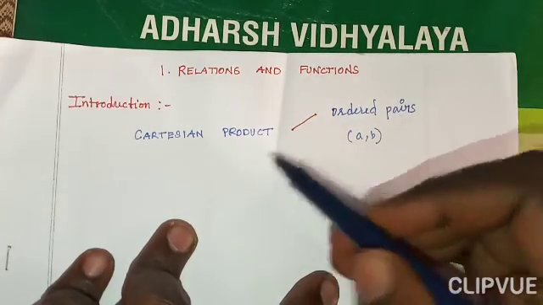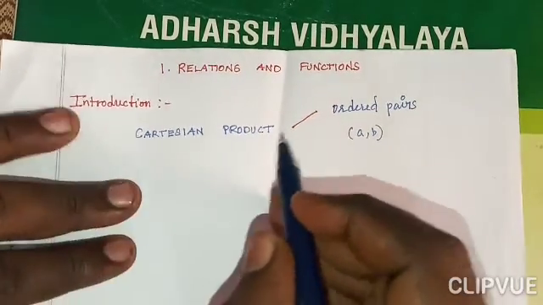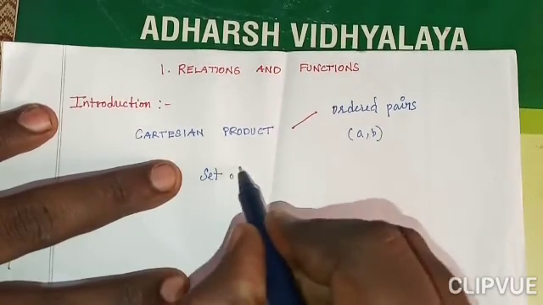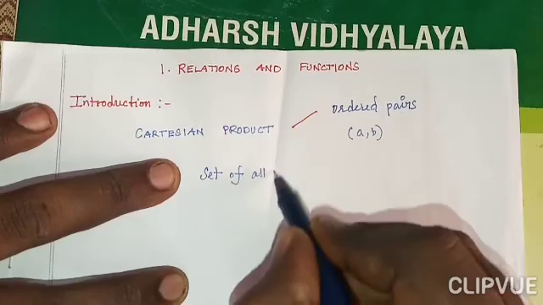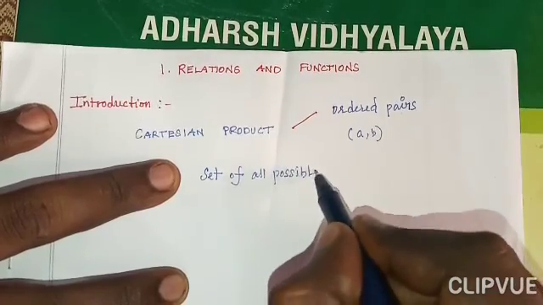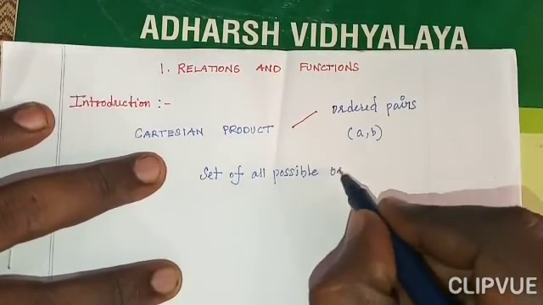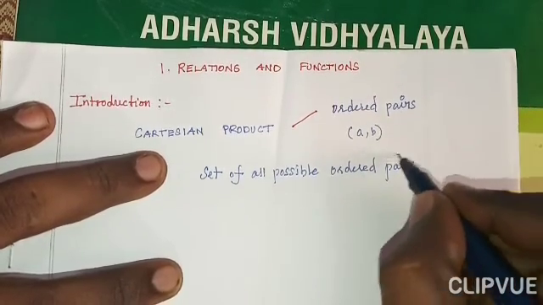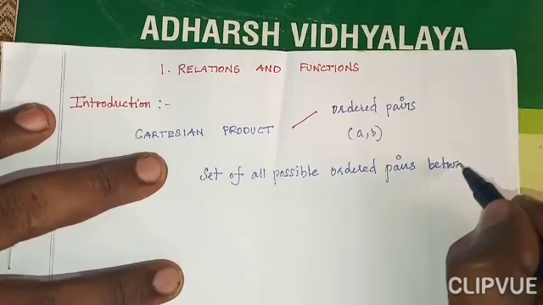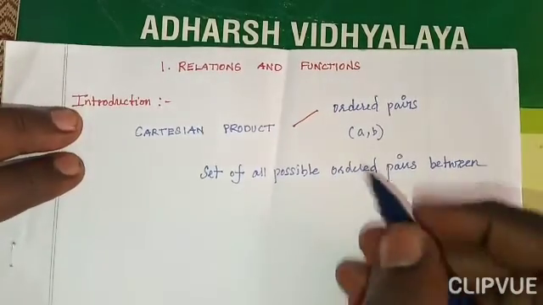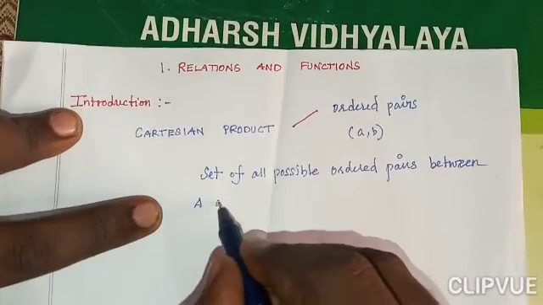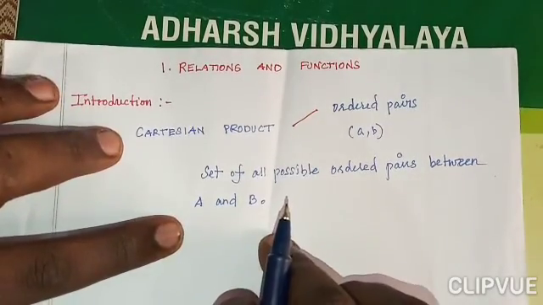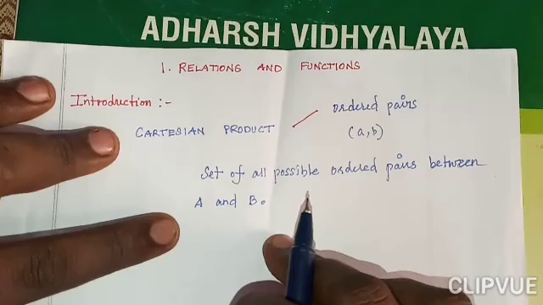What is meant by Cartesian product? It is the set of all possible ordered pairs between two non-empty sets A and B. What is meant by non-empty?